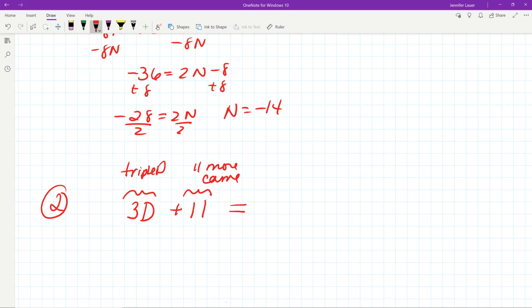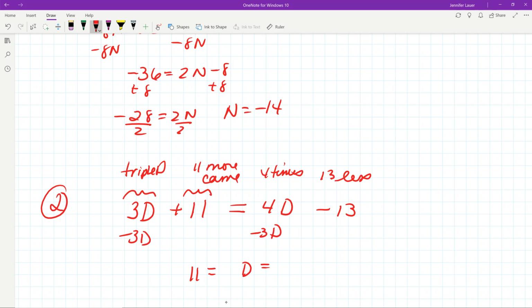So we're talking about 13 less. Here's your 13 less. Then 4 times the original number. Well, what's the original number? That's our D. So then we have all that taken care of. Now we can just deal with solving for D. The good thing about this is for the most part, they'll always come out even.